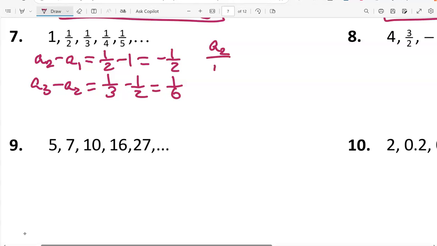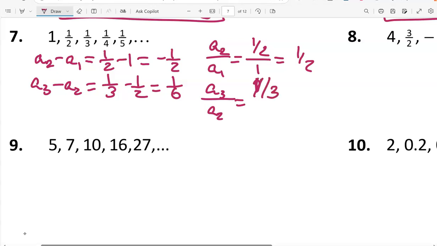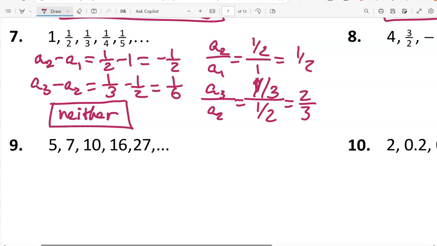A sub 2 divided by a sub 1 is a half divided by 1, which is a half. A sub 3 divided by a sub 2 is 1/3 divided by 1/2, which is 2/3. So we do not have a common ratio, nor do we have a common difference. So therefore, this sequence of numbers is neither arithmetic nor geometric.